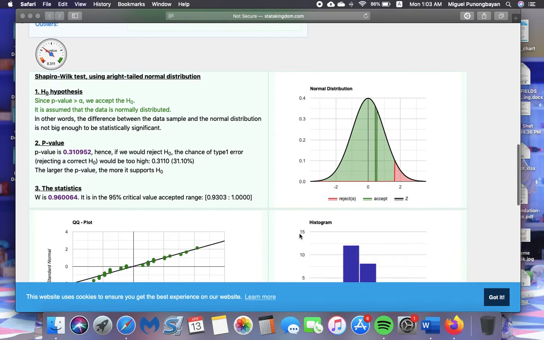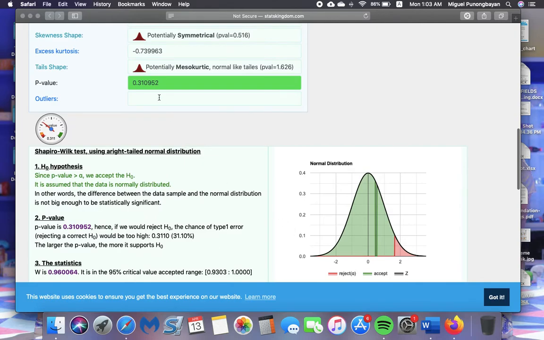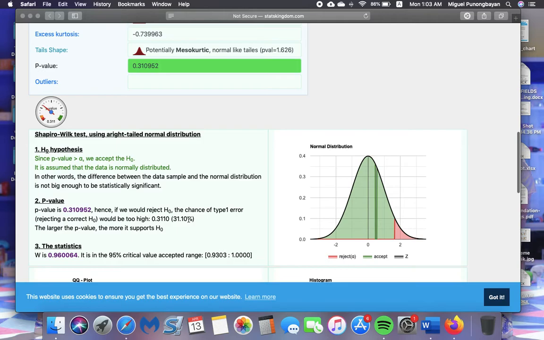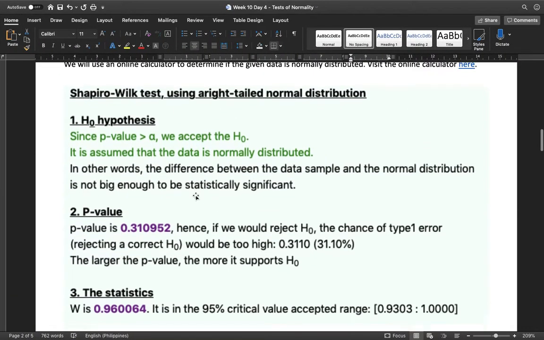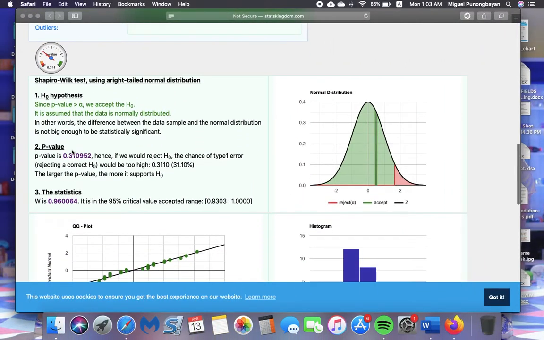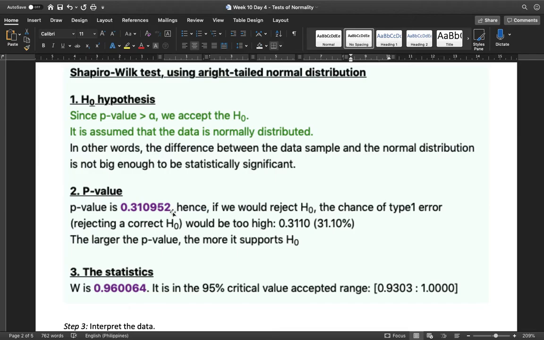So, ito yung Shapiro-Wilk test natin. The p-value is 0.310952. Paano ba natin ini-interpret itong p-value na to?